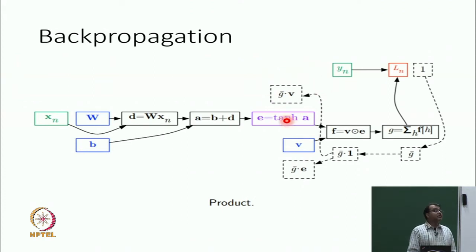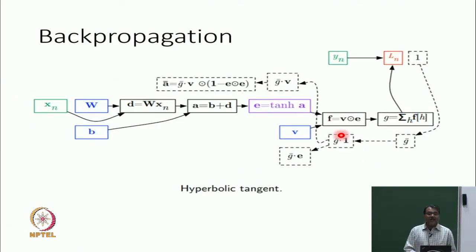Now that allows us to compute a bar, and because it's a tanh function, we can use what we just studied and use 1 minus b squared, or b dot b, as our formula. So therefore, we are able to compute a bar as g bar dot v Hadamard product with 1 minus e Hadamard product with e.